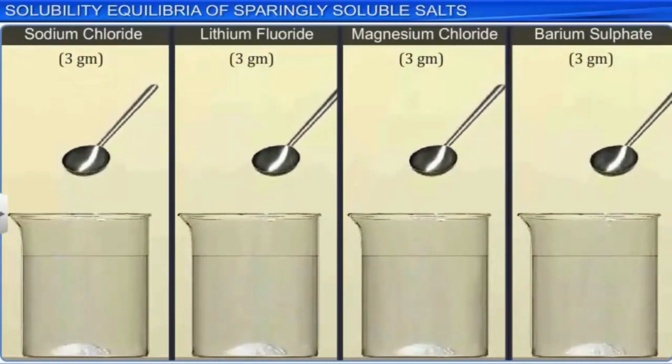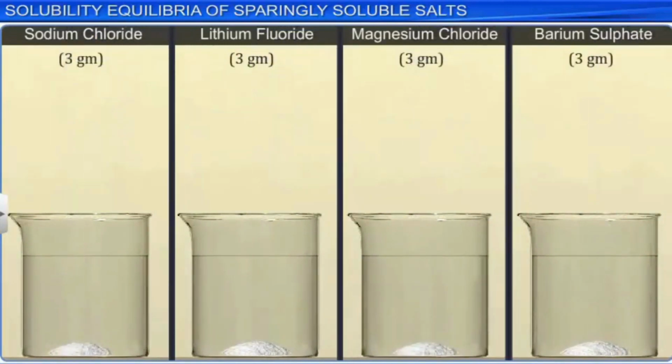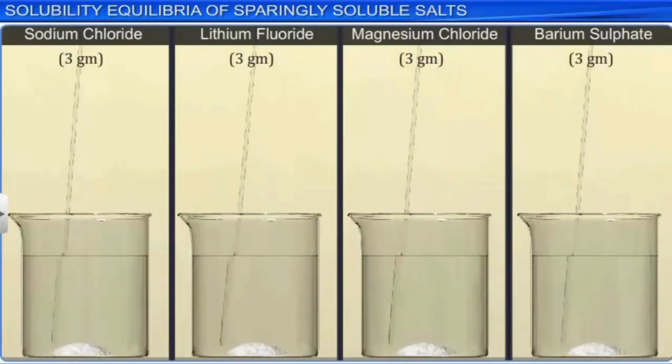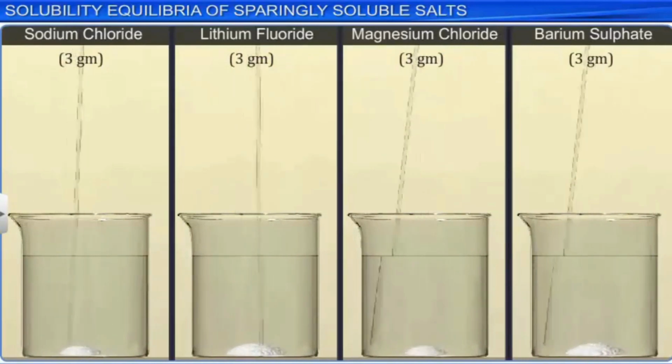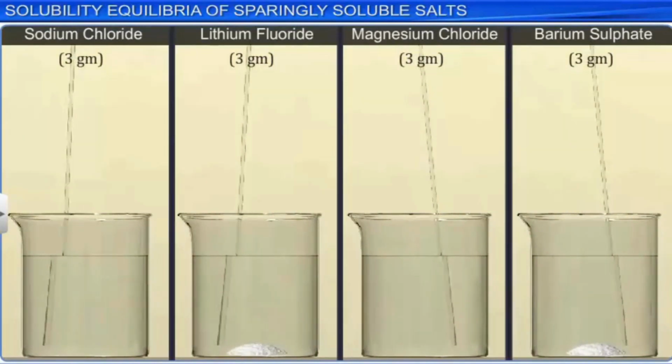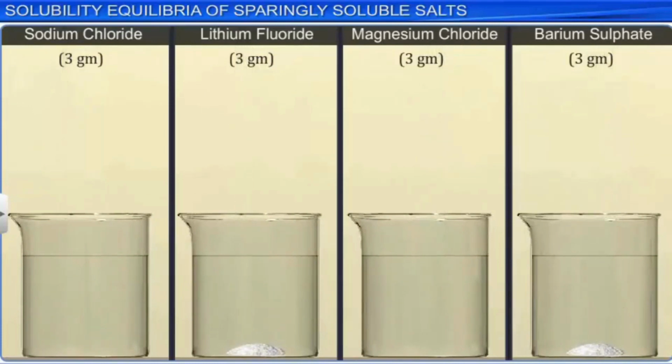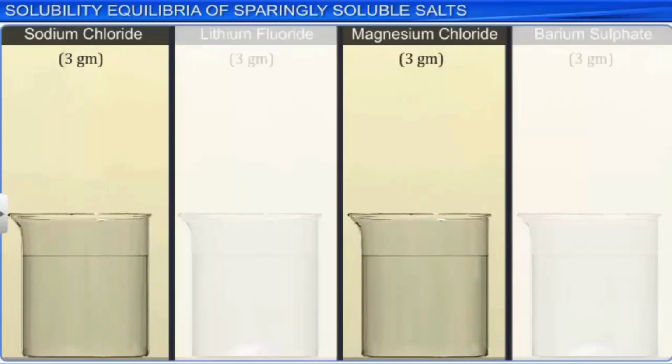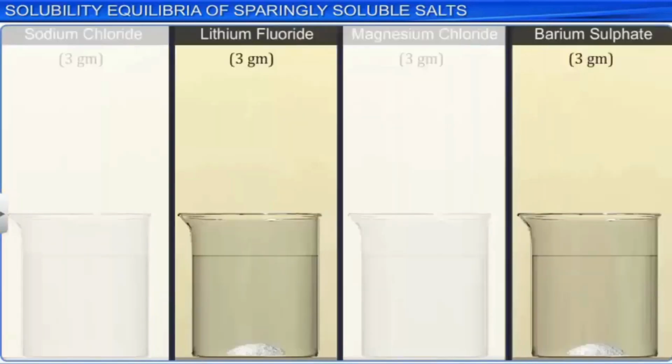What do you expect to happen? You observe that the salt in the beakers containing the solutions of sodium chloride and magnesium chloride dissolve completely, while the other 2 beakers still contain a large amount of undissolved salt.